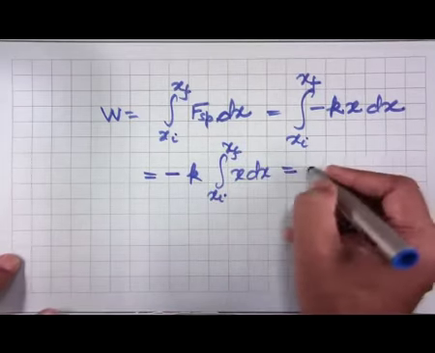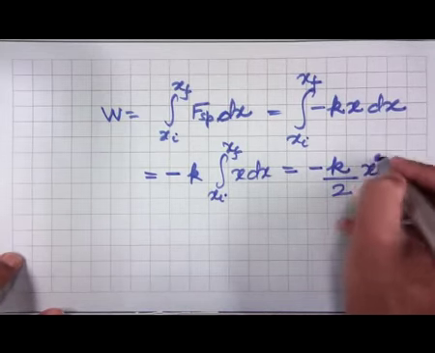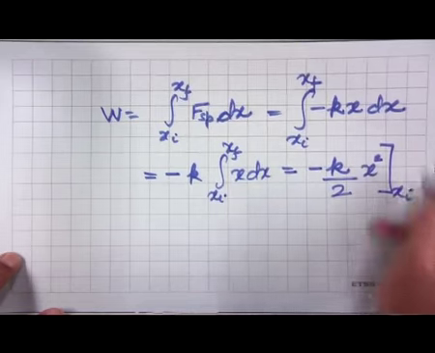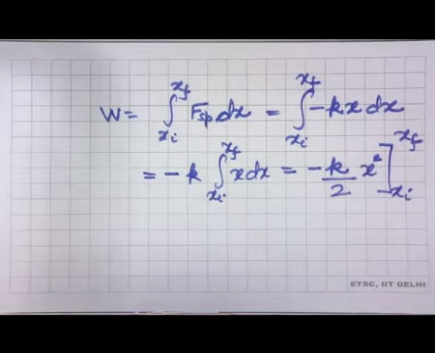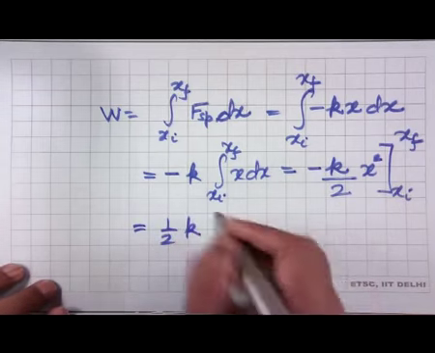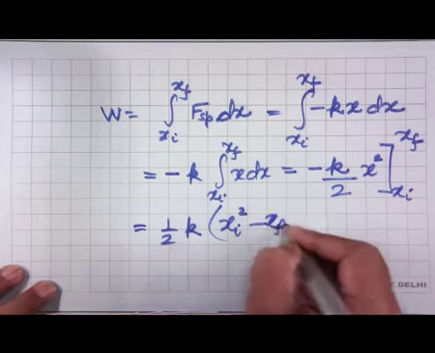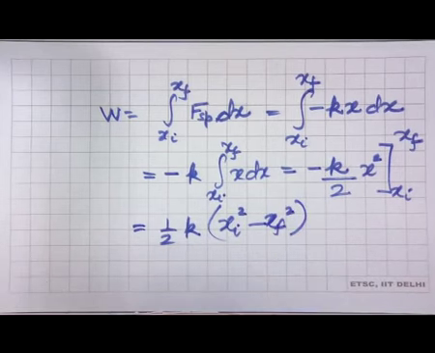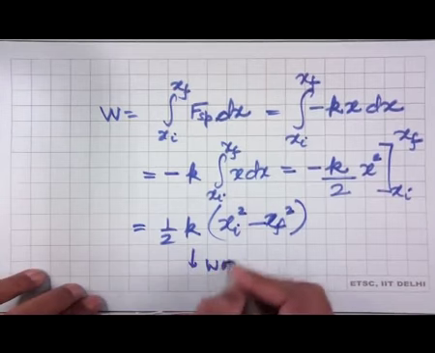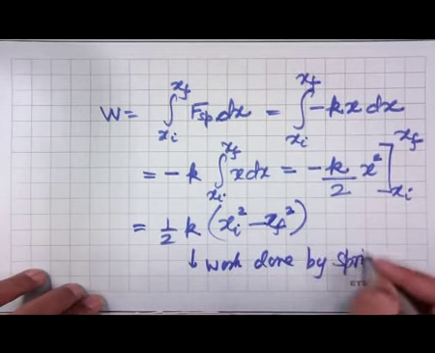So, this will be equal to minus k by 2 times x square from xi to xf, and this becomes finally half k times, because of the minus sign, xi square minus xf square, and this is the work done by the spring.